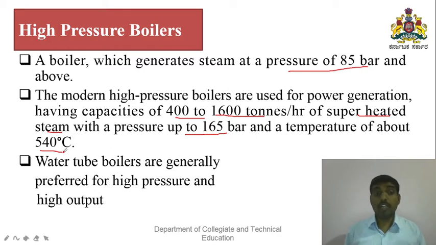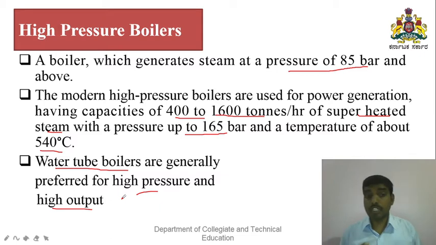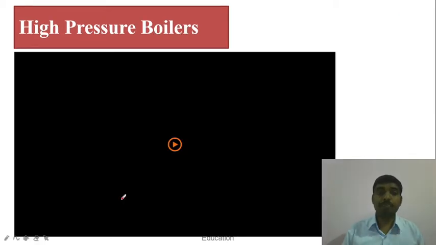These high pressure boilers are only water tube boilers. Fire tube boilers do not exist here because they are limited pressure boilers. Water tube boilers have a higher steam producing capacity, with more pressure and temperature. For that reason we use only water tube boilers as high pressure boilers.